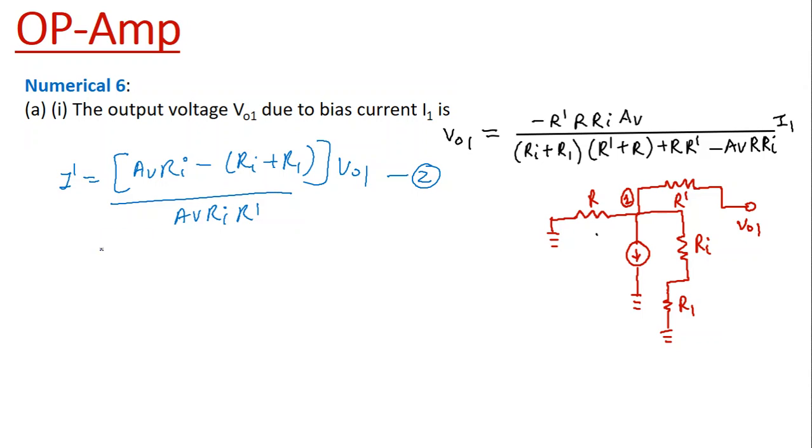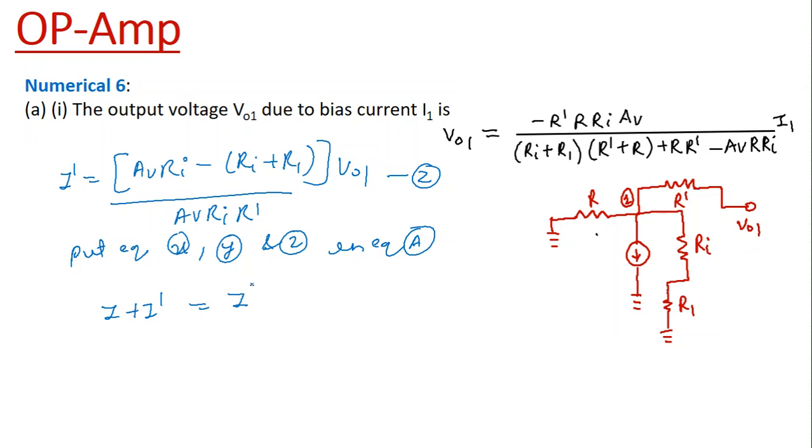Now we put equation number X, Y and Z in equation number A. What was our equation number A? That was I plus I dash is equal to I1 plus II.